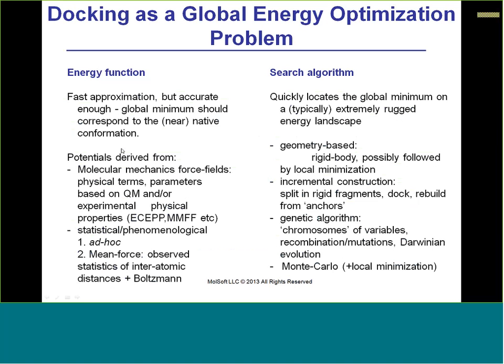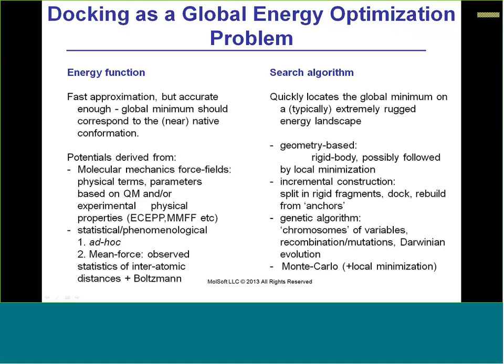Different methods have different energy functions. You have molecular mechanics force fields, where physical terms and parameters are based on force fields such as ECEPP or the Merck molecular force field. In ICM we use ECEPP for the protein and the Merck molecular force field for the ligand.